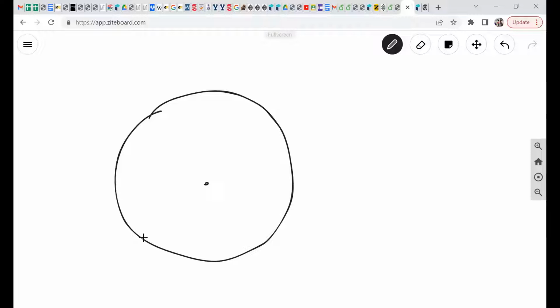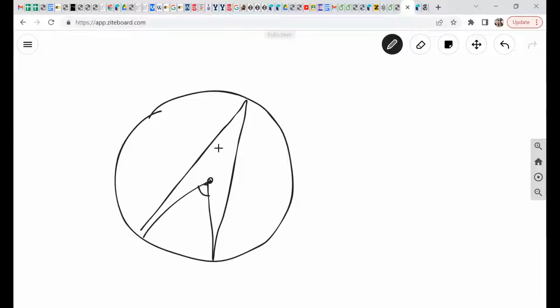Let's say we have an angle here and an angle, and an angle. Let's say this is the center. We have an angle here and we have an angle here. First of all, this angle is going to be double of this angle.